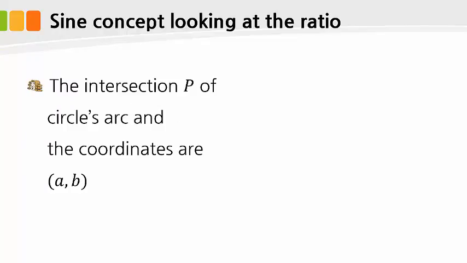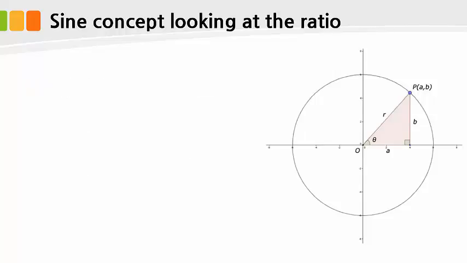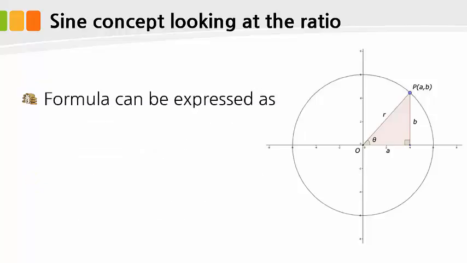When the intersection P of the circle's arc has coordinates a, b, and the angle theta is made between the upper side and the x-axis, the sine value is the ratio between b and the radius r, as you can see from the triangle picture below. A general formula can be expressed as sin theta equals b divided by r.